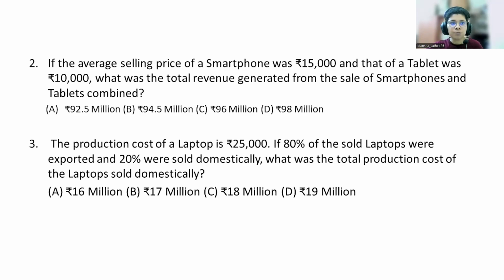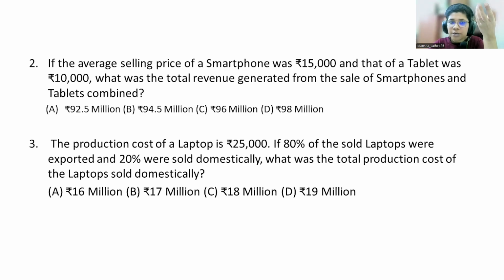Okay. Next problem. If the average selling price of a smartphone was 15,000 and tablet was 10,000, what was the total revenue generated from selling smartphones and tablets combined? So, in one tablet, selling price is 15,000 and for one smartphone, selling price is 10,000. So, what total revenue?